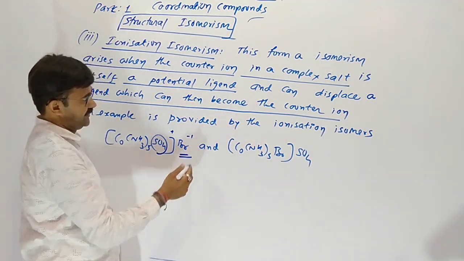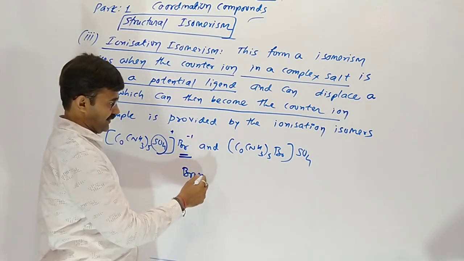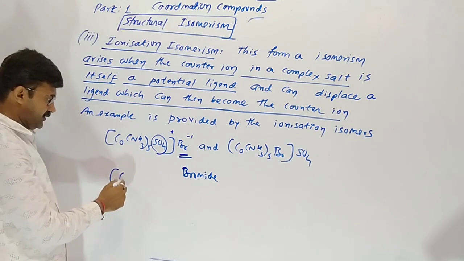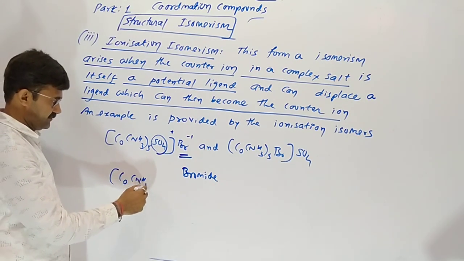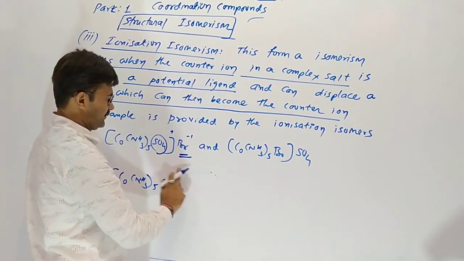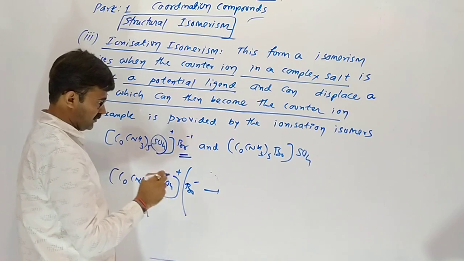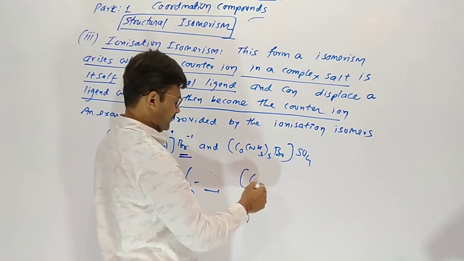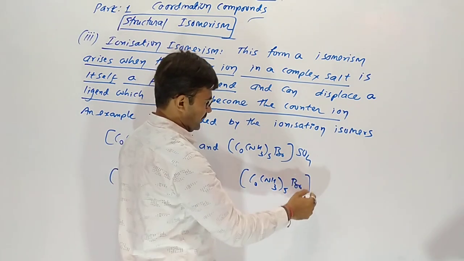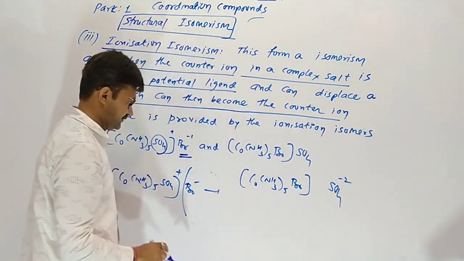Here bromide is our counter ion. On ionization it gives the bromide ion, and this entity never ionizes. This one gives a sulfate ion.